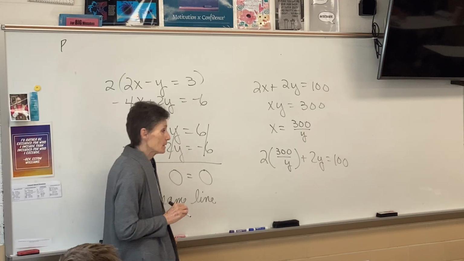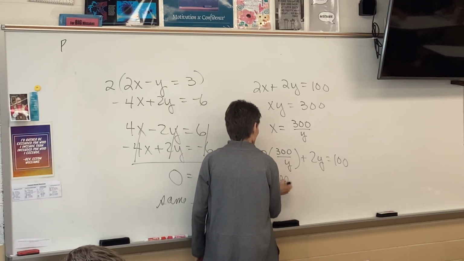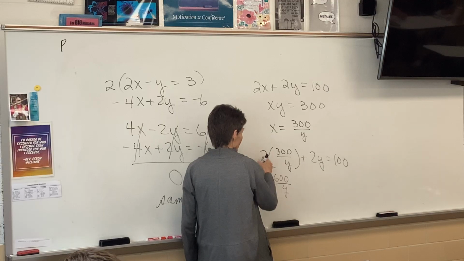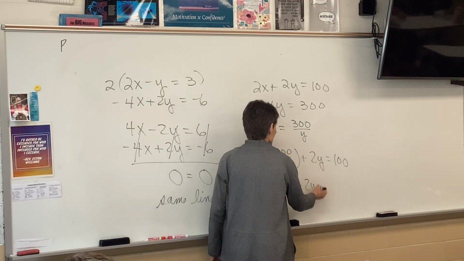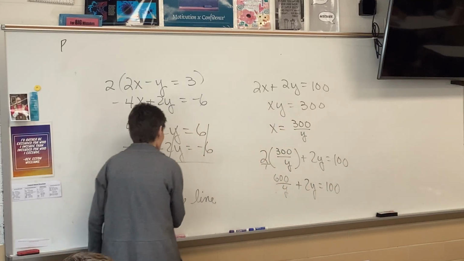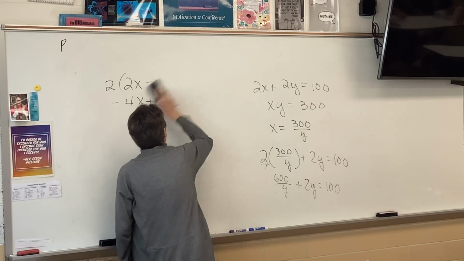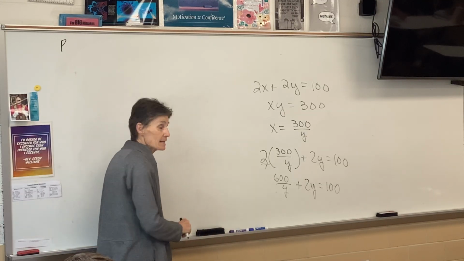Right? So let's see, I've got 600 over y. Remember, this is 2 over 1. So when I multiply, it's 600 over y plus 2y equals 100. What do you think I should do now? That's not good. What do you think I ought to do? Yeah, exactly, Melvin.